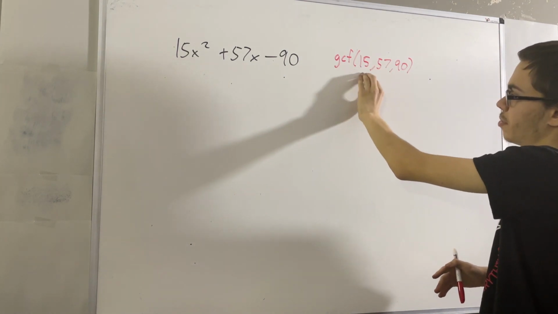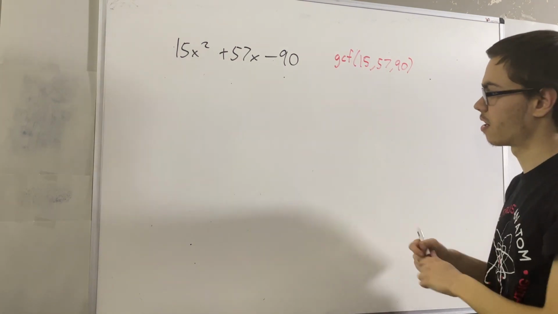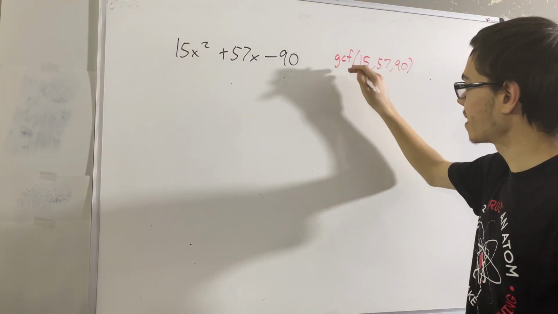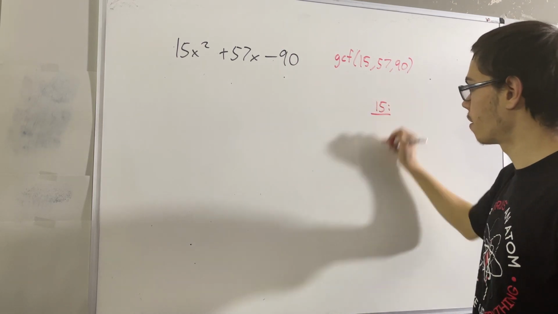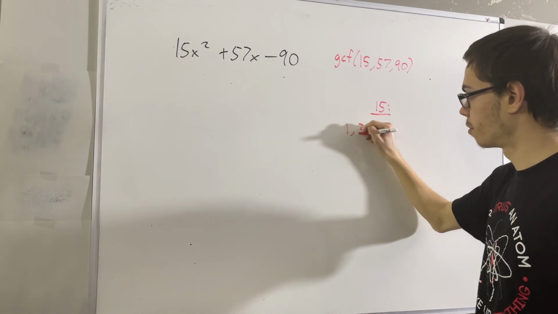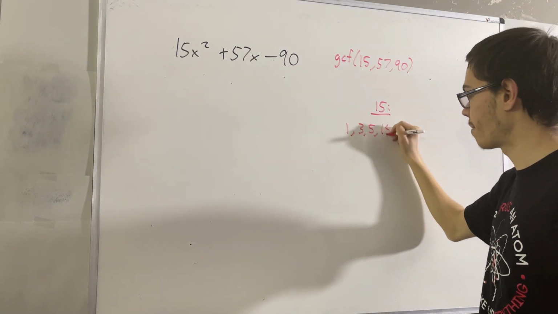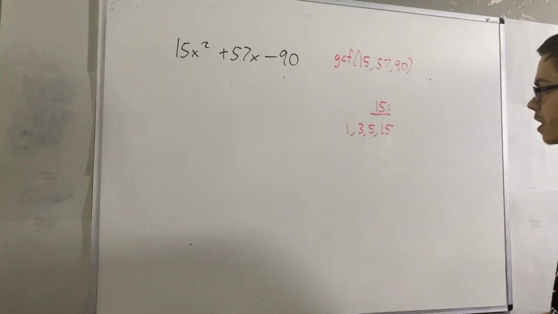But 57 is clearly not divisible by 15. So 15 can't be the greatest common factor. So if the greatest common factor of these three numbers is not 15, then consider the factors of 15. We have 1, 3, 5, and 15. There's not that many, so it's going to be pretty convenient to use this option to our advantage.